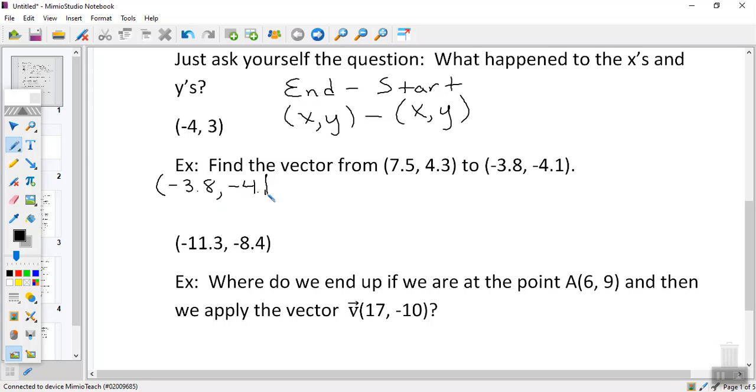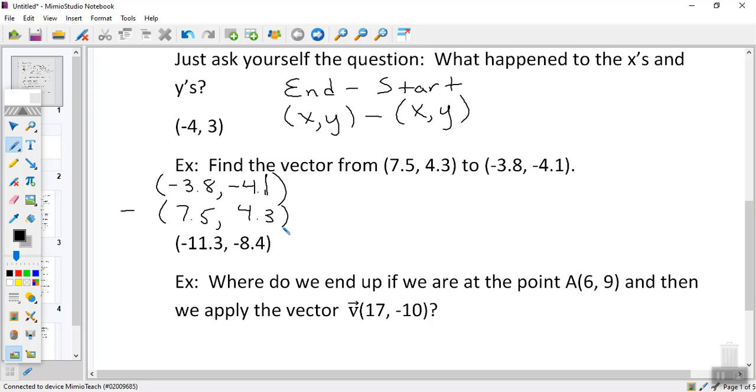Now what point am I subtracting out, friends? 7.5, 4.3. What's negative 3.8 minus 7.5? Negative 11.3.